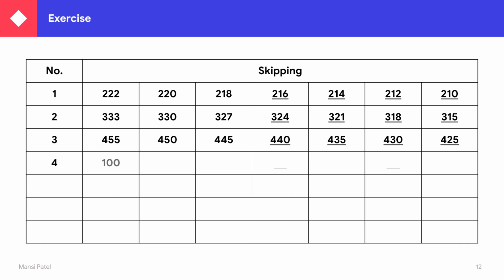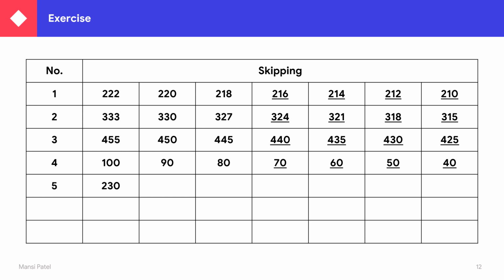Now your next number, 4: 100, 90, 80. This is a backward sequence, and how much do we subtract from the previous number? 10. So 80 minus 10 is 70, 60, 50 and 40.